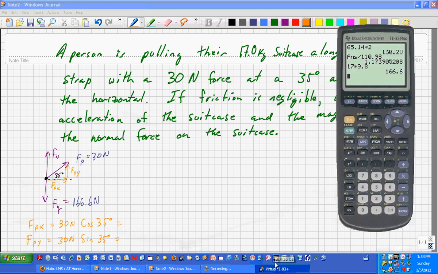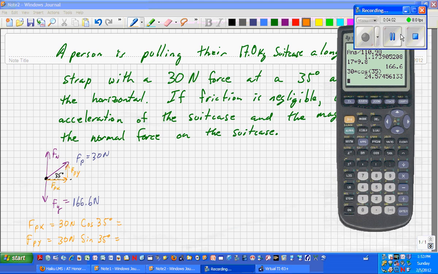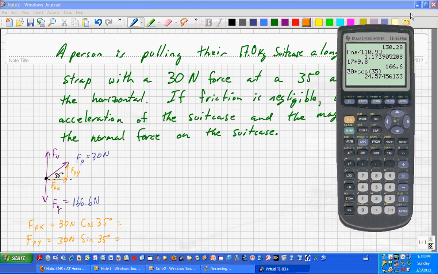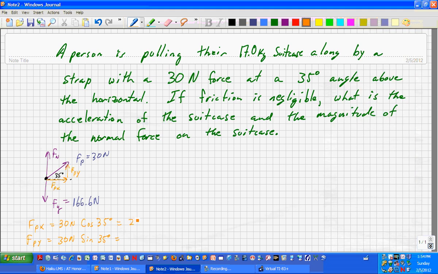All right, let's go ahead and get the calculator out. I want to make sure that I'm in degrees. I am in degrees. So I can go ahead and go 30 times cosine 35 degrees. Close up that parenthesis, and that'll give me 24.6 newtons.